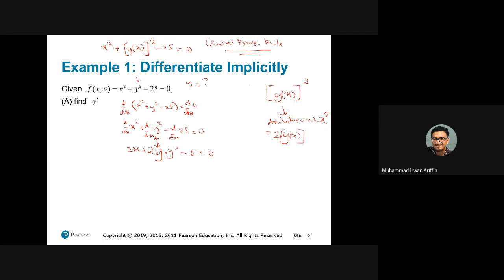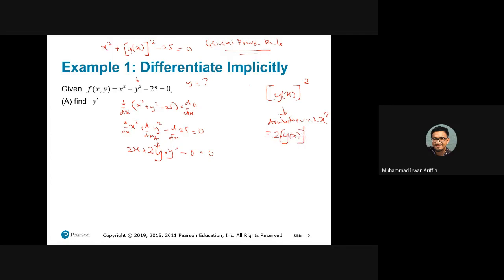Now, would this be the answer to the derivative with respect to x? No, because we haven't differentiated anything with respect to x yet. We simply differentiated this with respect to y. So once we bring this 2 to the front, we are left with y of x to the power of 1, right? 2 minus 1.